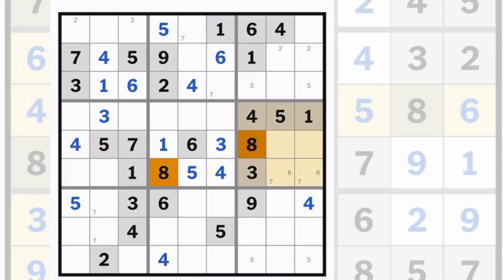Then we go to 8. So we'll get these 2 cells where 8 is a likely candidate. Similarly, 8 is likely to come in one of these cells. So 8 is a likely candidate in these 2 cells.